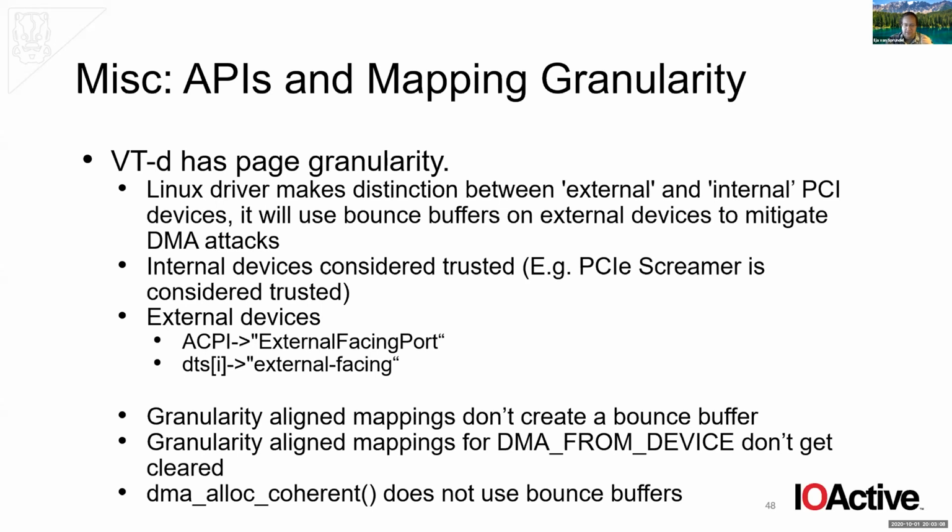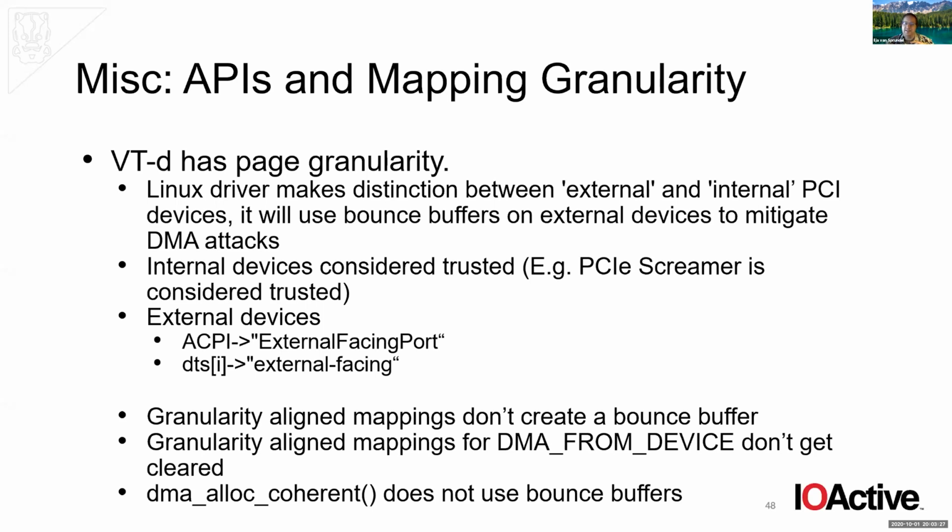Three things to note. First, if the granularity of what you want to map and the granularity of your IOMMU are exactly the same, it does not create a bounce buffer, which means you get shared memory again. And so these leak attacks and these races that Joe talked about earlier become in scope again.